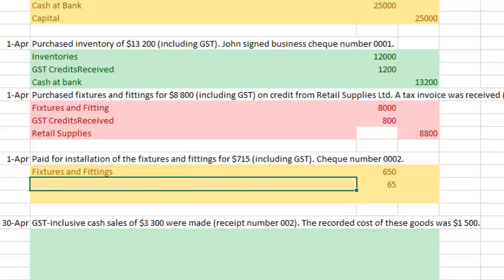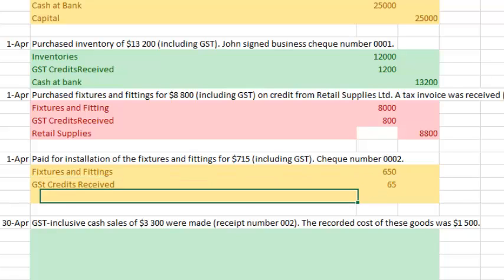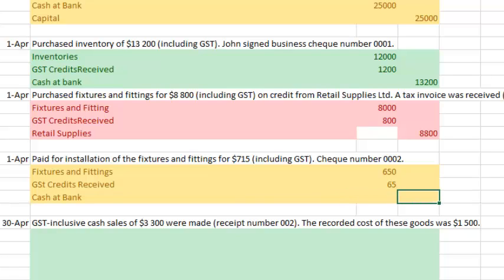I'm going backwards here a bit. GST credits received, that's 65, and in this instance we've got cash at bank, that's the amount that we paid for $715.